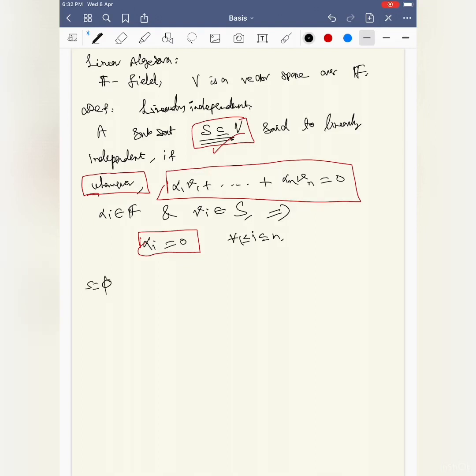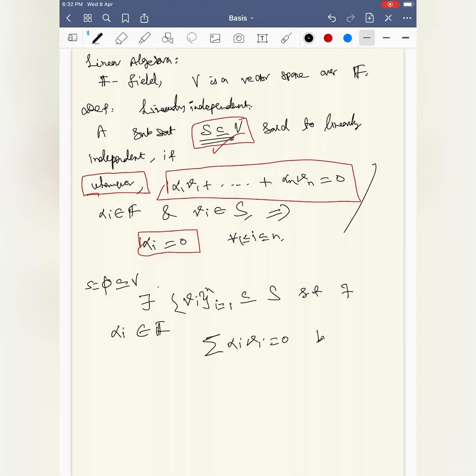For example, take S equal to the empty set, and it is linearly independent. To show it is linearly dependent, if it is not satisfying the definition, I would have to show there exist vi's, i equal to 1 to n, in S such that there exist alpha i belonging to F with summation alpha i vi equal to 0, but there exists some i naught such that alpha i naught is not equal to 0.